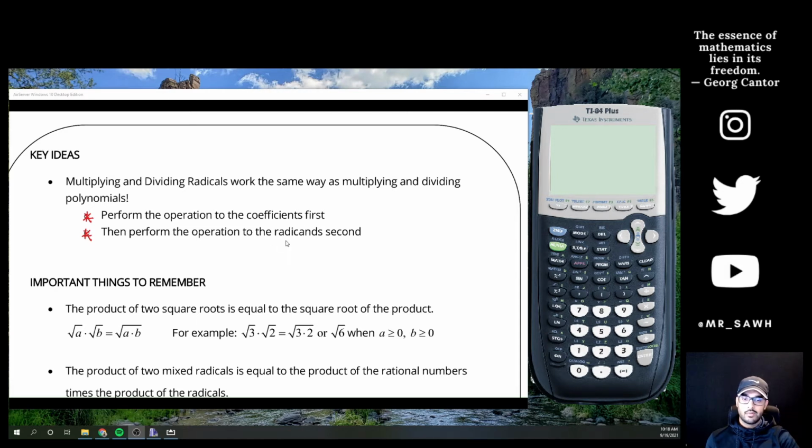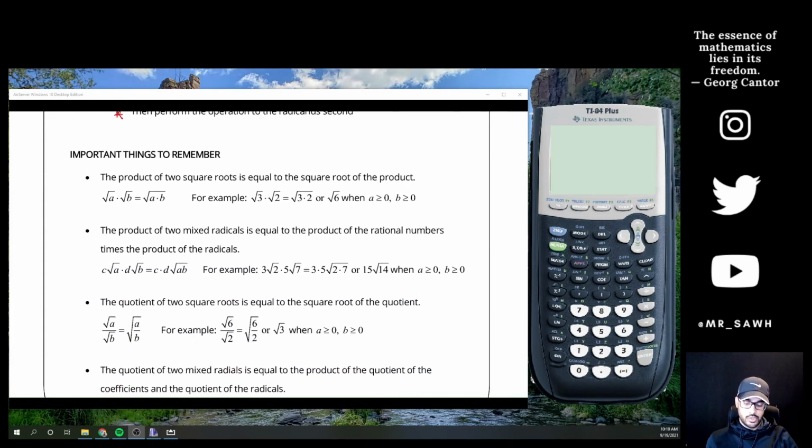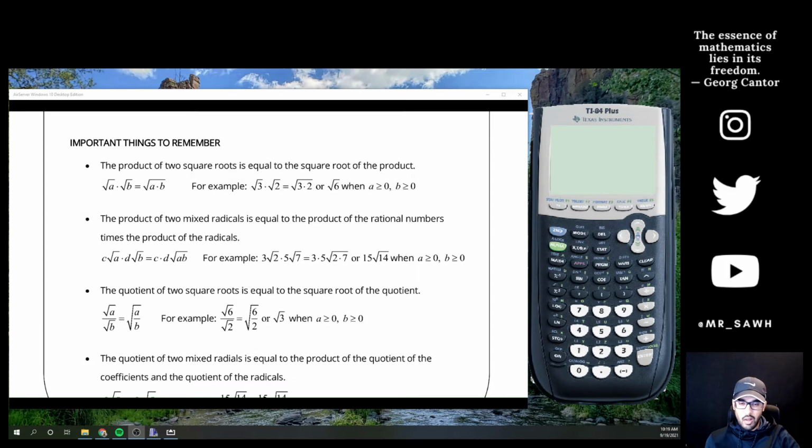And whatever happens to the radicands, they stay under a root sign. That root sign only goes away if you end up with a number that's a perfect square or something like that to make it actually disappear and cancel. So the information there is good. It gives you some examples, but it's kind of complicated because it's got some variables and stuff. It's just a general rule.